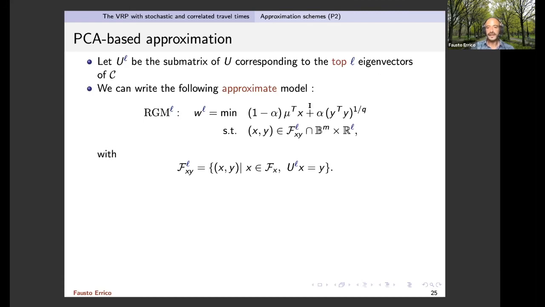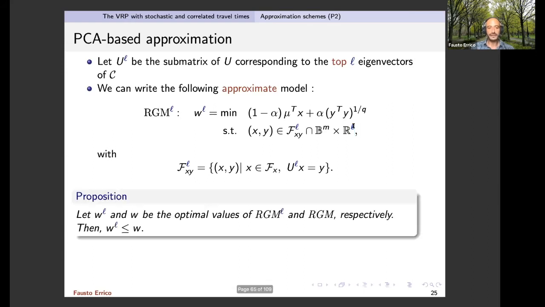This formulation is exactly the same, except that now, instead of having all the R components of the rank of C, you only have L components. But it's exactly the same formulation.